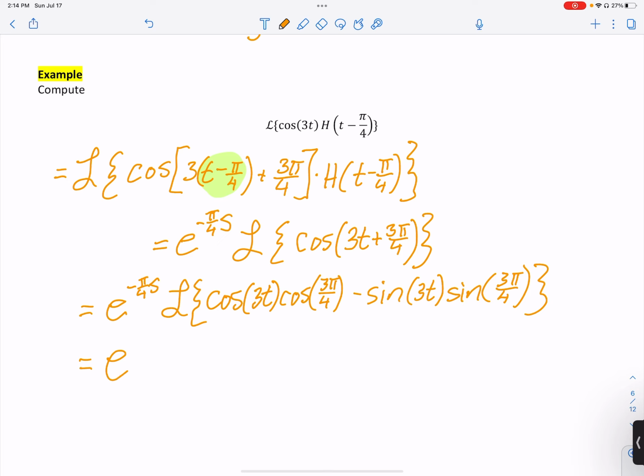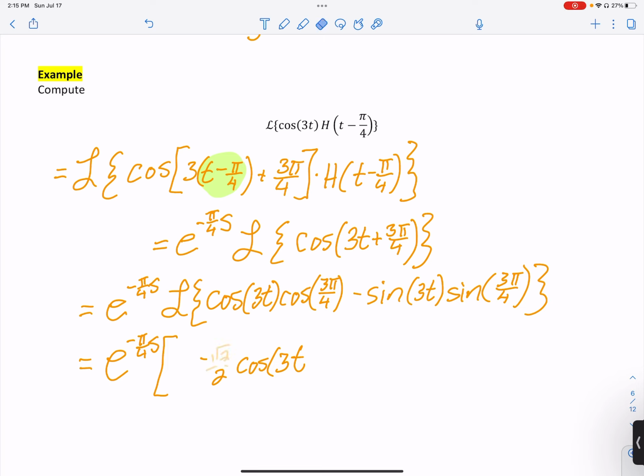Okay, so we keep going, e to the negative pi over 4s. And then, I can go ahead and start taking things out here. Cosine of 3 pi over 4 is negative rad 2 over 2. Cosine of 3t. Oh, we shouldn't drop our Laplace.